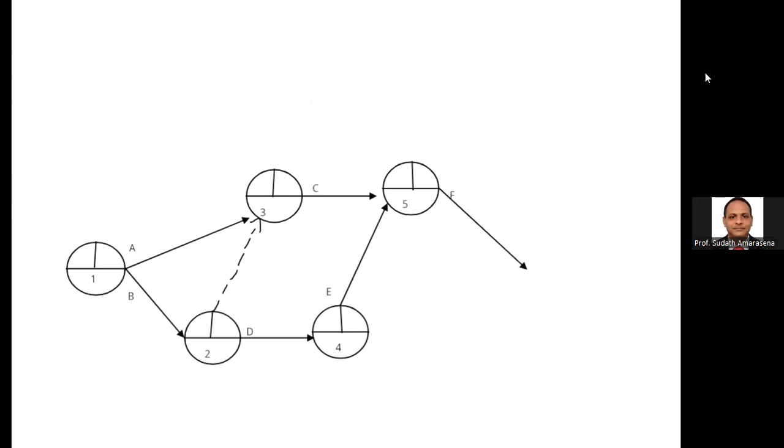Then after that, let's go to the next. Is G. We need to start after completing D. After completing D, the 4th event, then we can start G. Then consider the next one, the last one is G. Right.